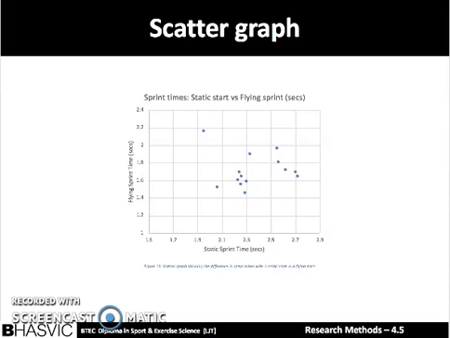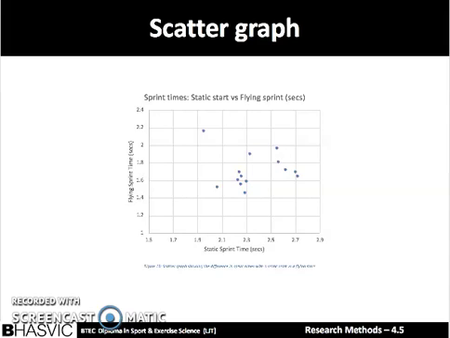So a weak positive correlation might be something like 0.21, whereas a strong positive correlation might be something like 0.75. Obviously, a weak negative correlation would be something like -0.21, and so on.